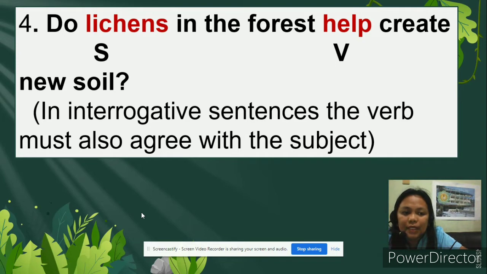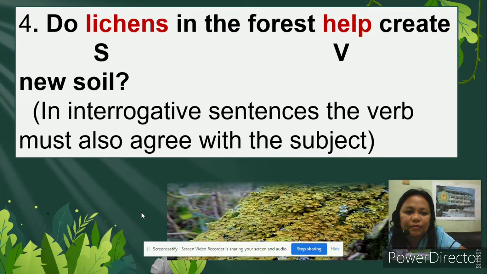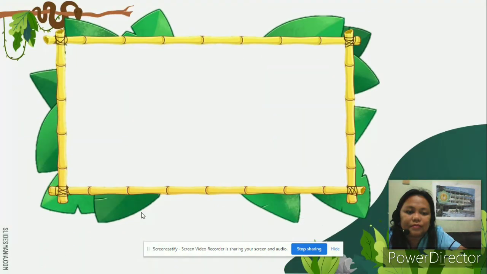So meaning the subject must agree with the verb in number. Since it is a plural subject, okay, it takes a plural verb. So in interrogative sentences, the verb must also agree with the subject. Okay.